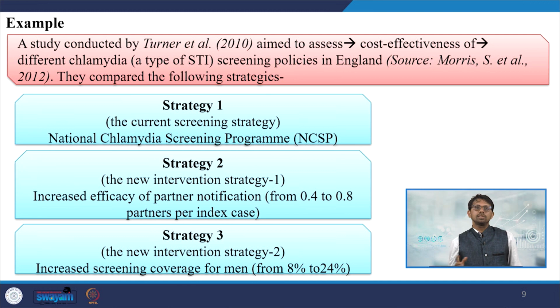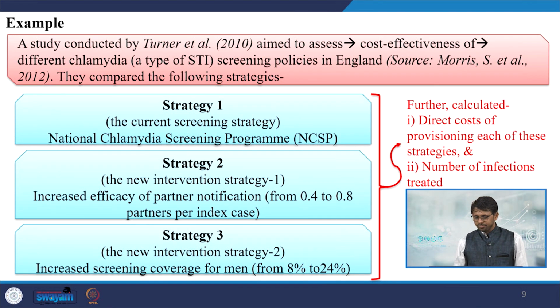And the other intervention is also called a new intervention, that is strategy number 2, where screening coverage for men is increased, usually from 8% to 24%, as per the authors' calculation; we are just citing it for better clarification.